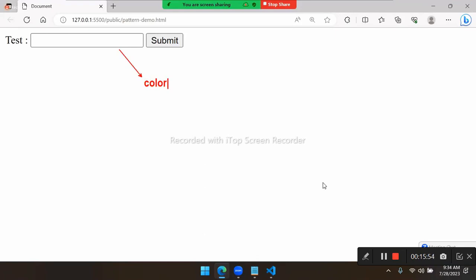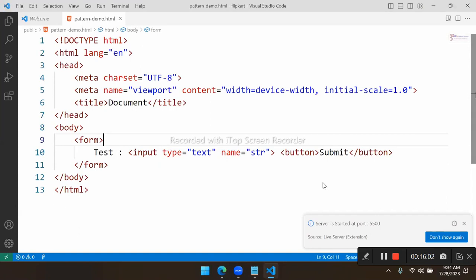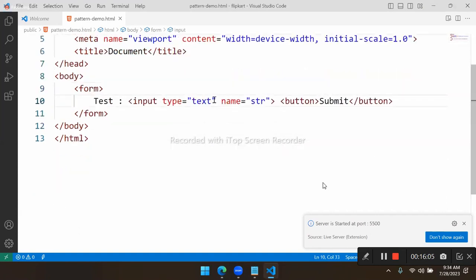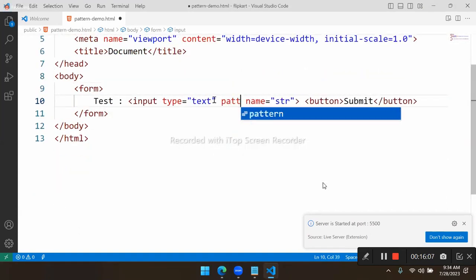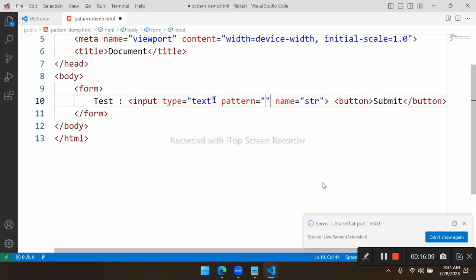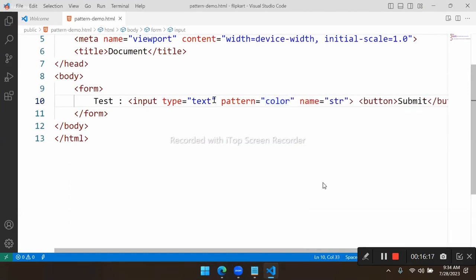I don't want anything else to be submitted. Only this word must be submitted. Then what you can do is simply write a pattern here, defining the pattern of what you want to allow. Color, that is what we want to allow.